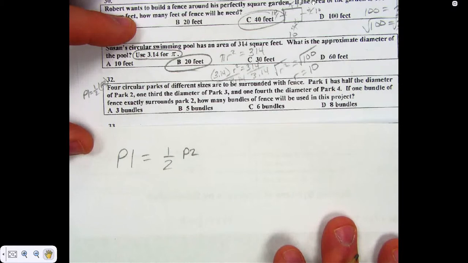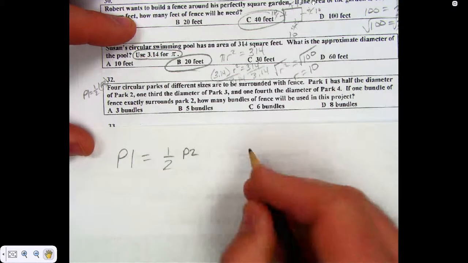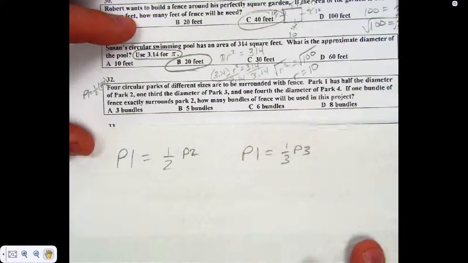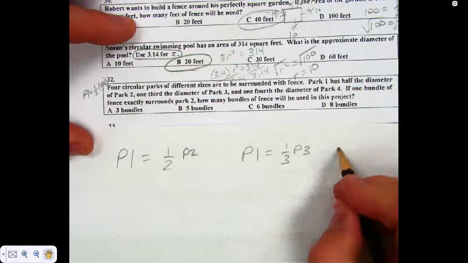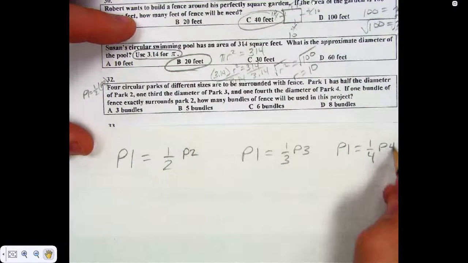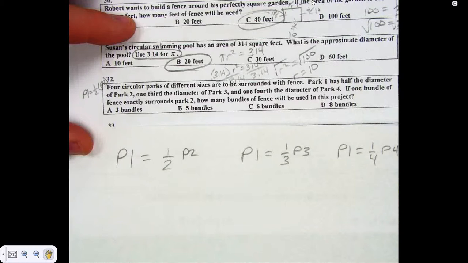Park 1 has half the diameter of Park 2, 1/3 the diameter of Park 3, so P1 is equal to 1/3 P3, okay? Everybody see what I'm doing so far? Yes. And 1/4 P1 is equal to what? 1/4 what? P4.